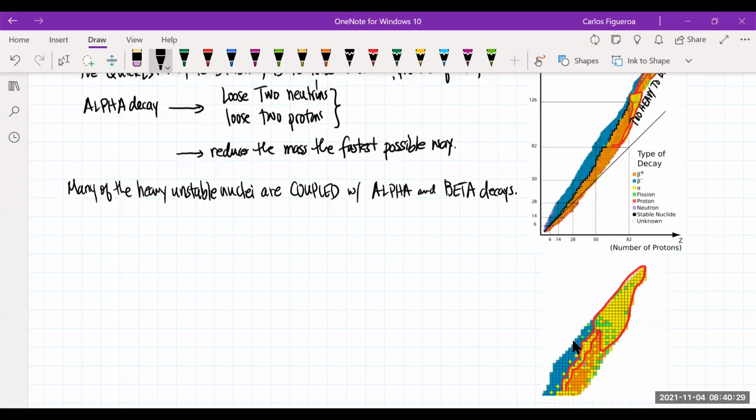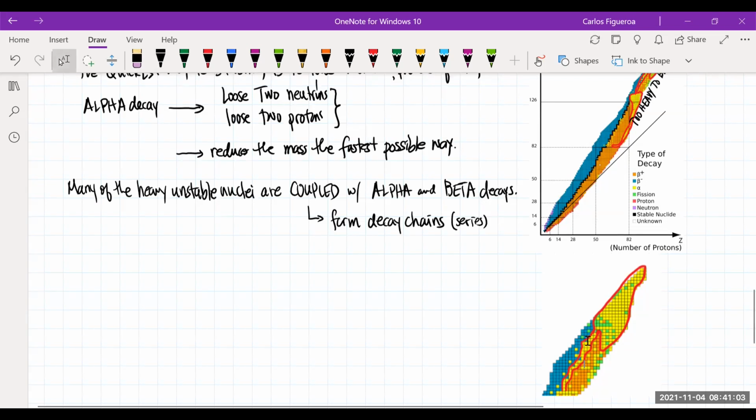They're coupled together. What I really mean when I say coupled is that they form decay chains. And sometimes you'll hear people in the business call them series. There's a series of decay chains, but I think decay chains is really clear here.